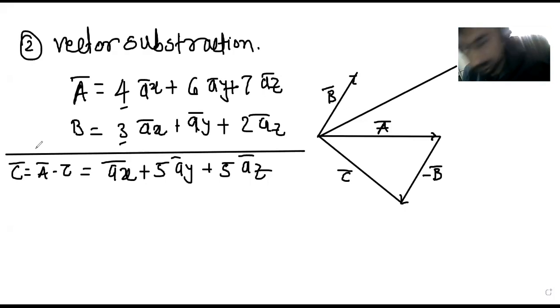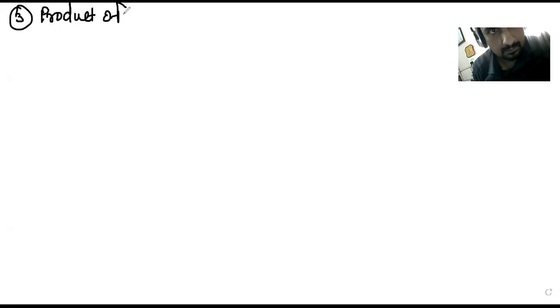So product of vectors, it can be done in two ways. One is dot product and another one is cross product. So let's begin. Product of vectors. So this is third part in vector algebra.